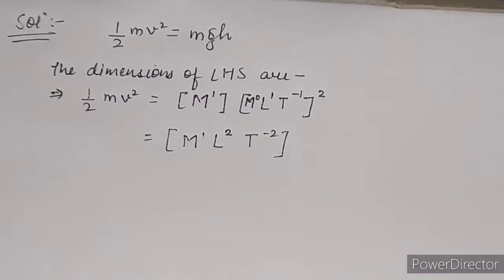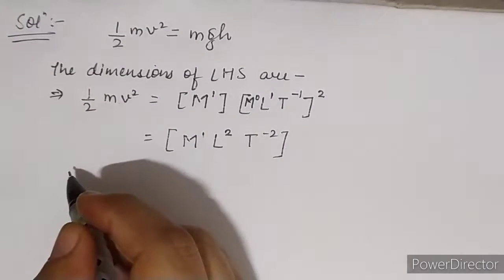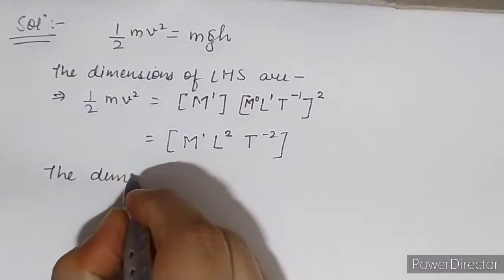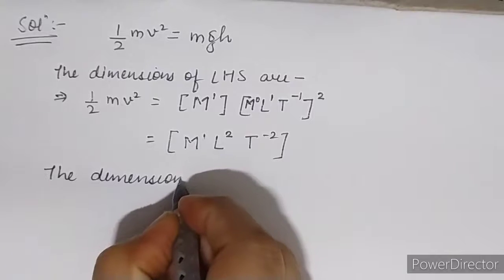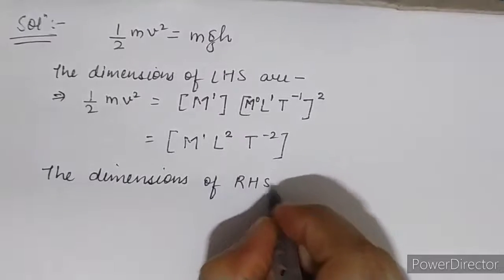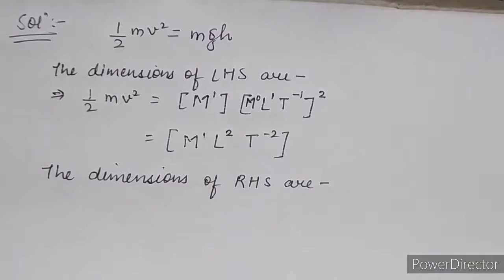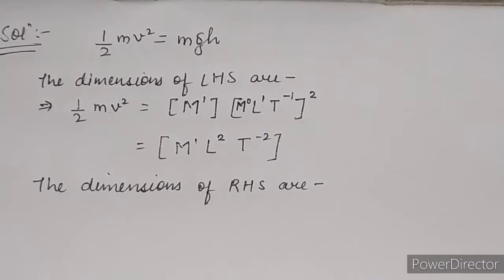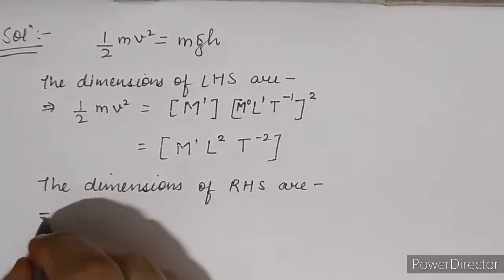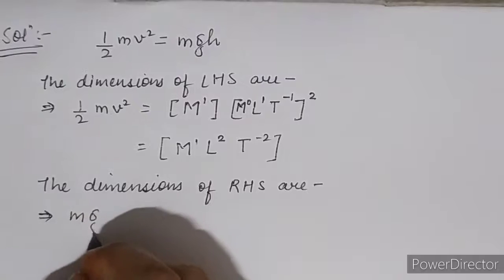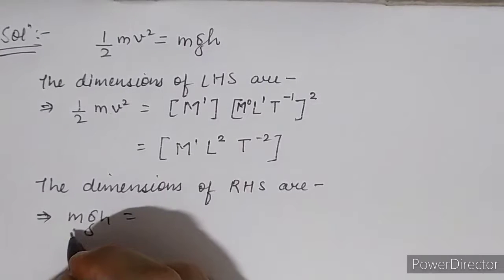Now we have to write the dimension of RHS. What is the RHS value? m g h. So m is your mass.